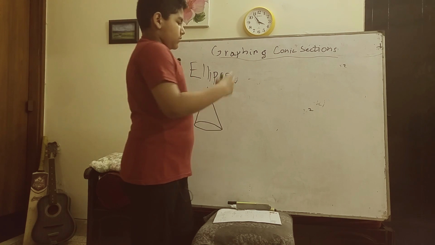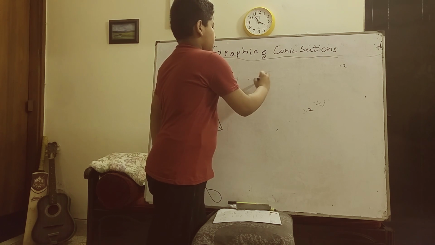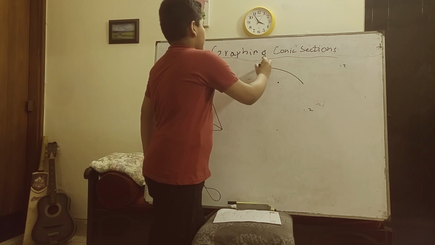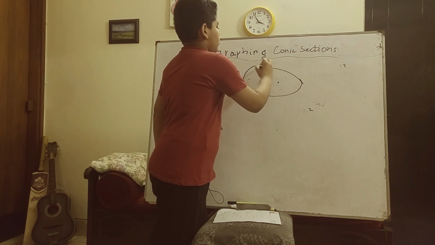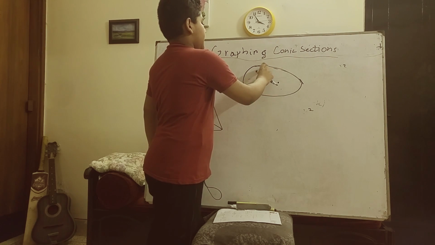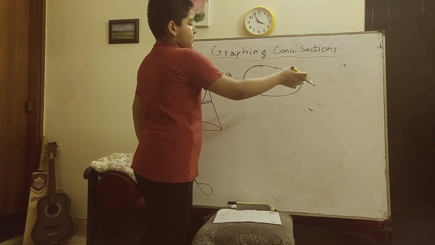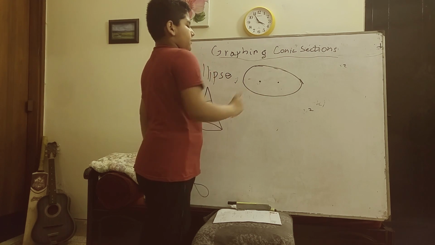Another way to describe an ellipse is it has two foci and all the points are equidistant to the two foci. Now you might be thinking, how are they equidistant? I mean, surely one side would have to be nearer one focus than the other.